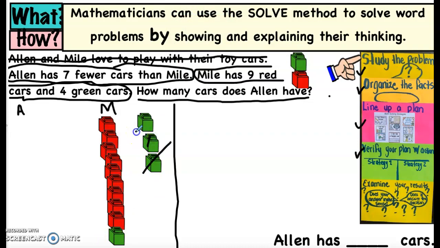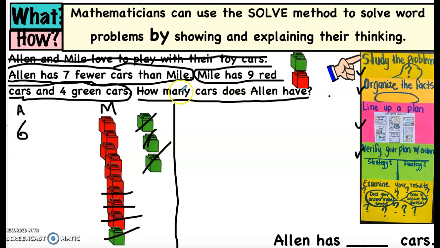1, 2, 3, 4, 5, 6, 7. So what does that tell us? That tells us that Alan has how many cars? 1, 2, 3, 4, 5, 6 cars. Let's verify our plan with another action to see if our answer makes sense. See if we're going to get the same answer. So let's see.